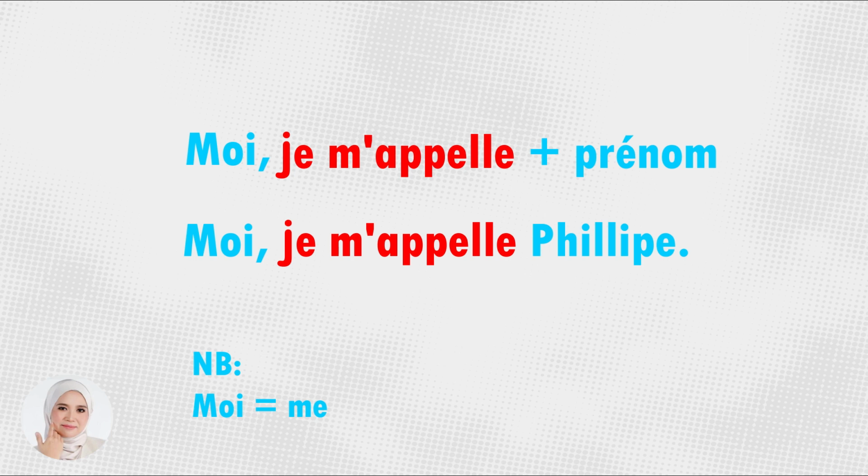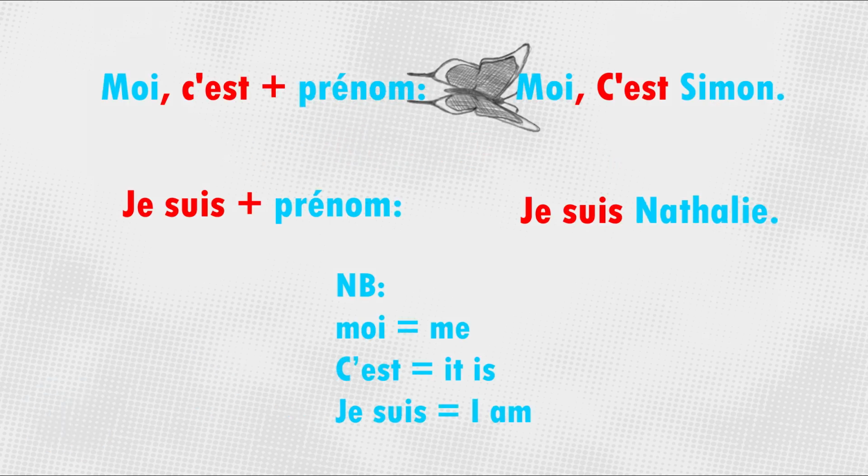But in French, it is not oi, it is oua. So M-O-I becomes moi, and it means me. I'm teaching you how to tell and ask people your name, and also a bit of pronunciation.